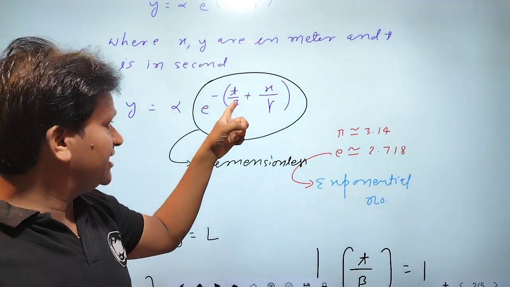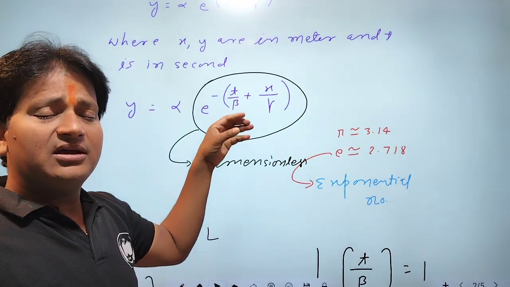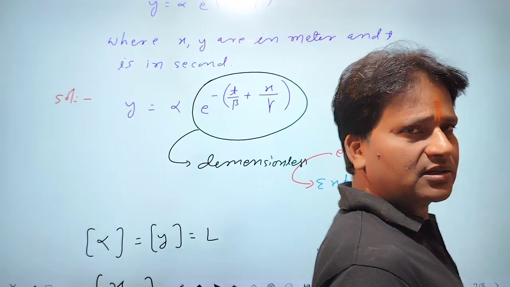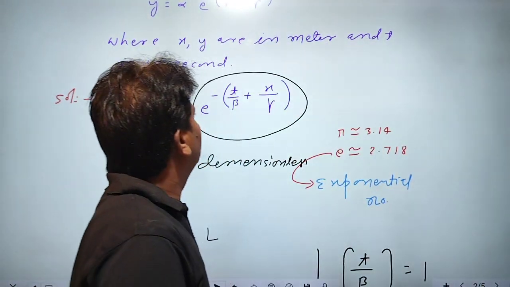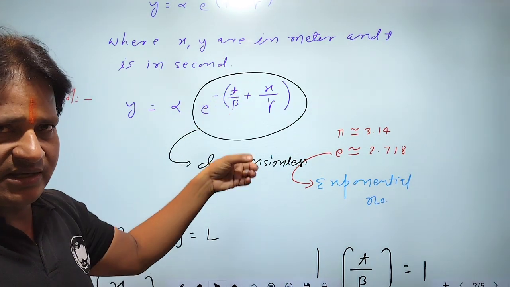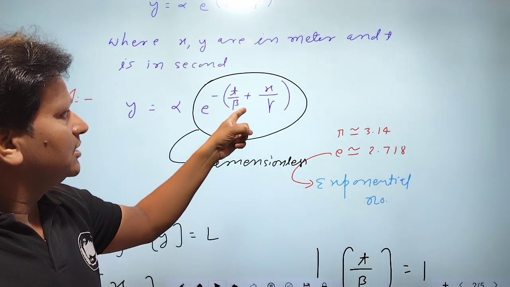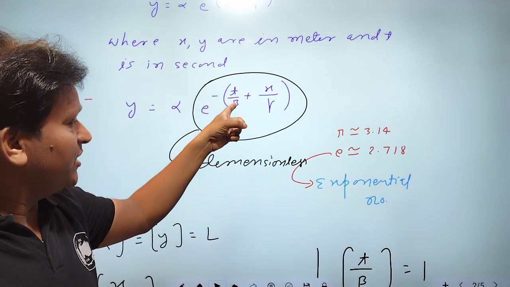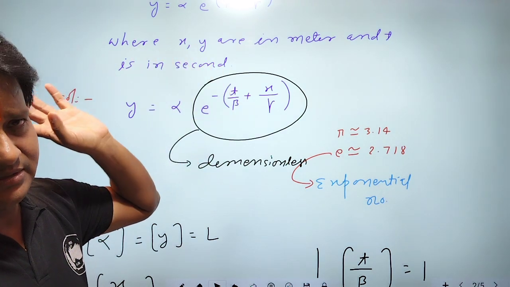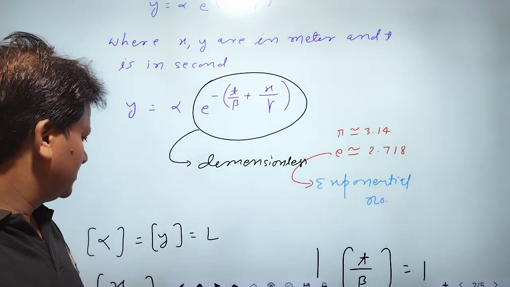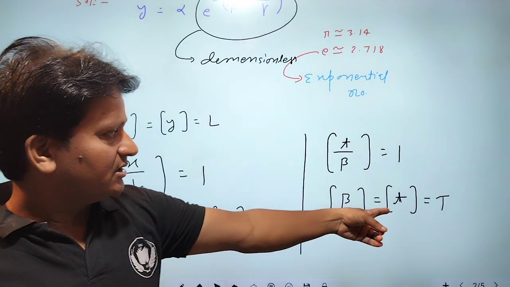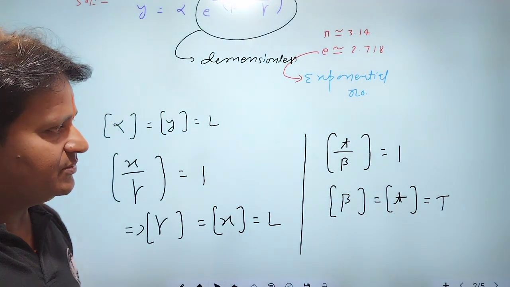Therefore, beta will be time also. This is second, this is second. Both are cancelled out. Therefore, dimension of beta will be equal to dimension of t.